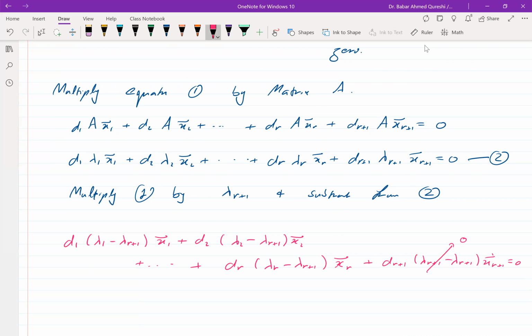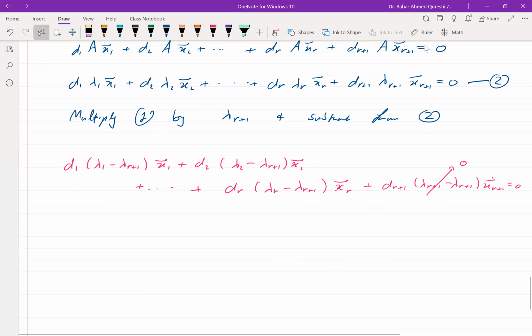So this term becomes 0. Now I am left with these guys. They are distinct. So this is non-zero. This is non-zero.